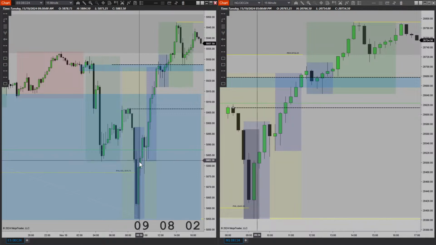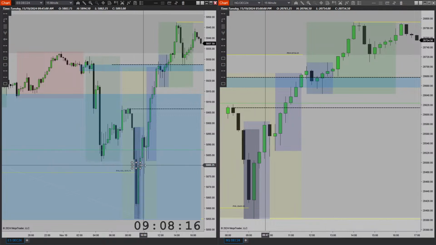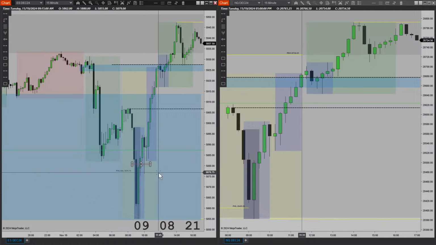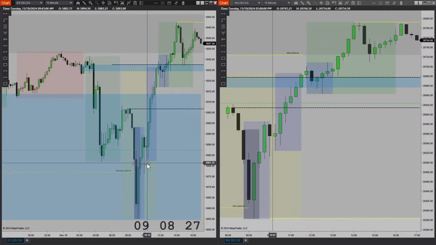Once the body of this candle closed above the low of this candle, which is the high of this tiny little gap right there, it became an inverse, and then you have this candle here.